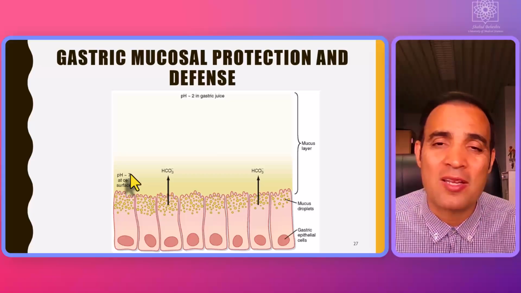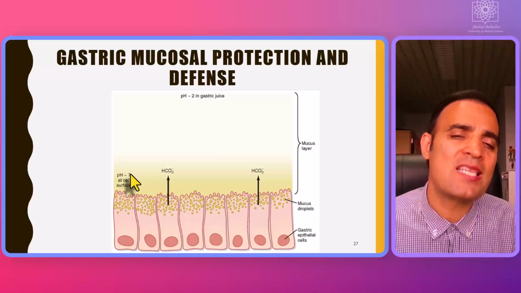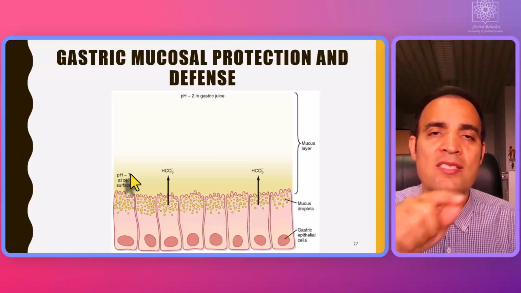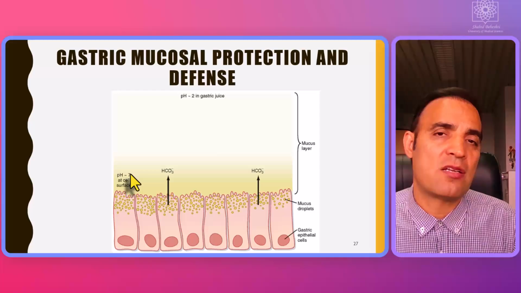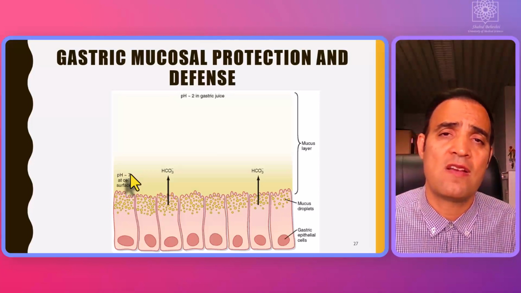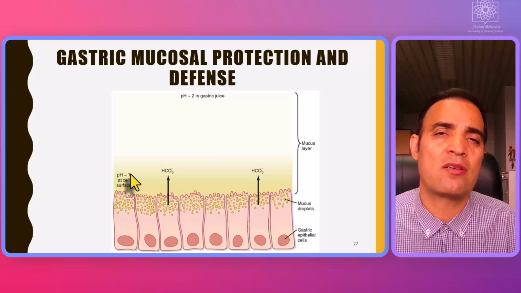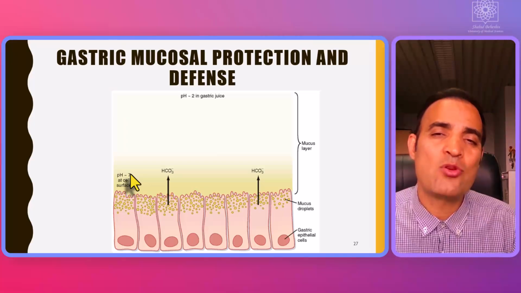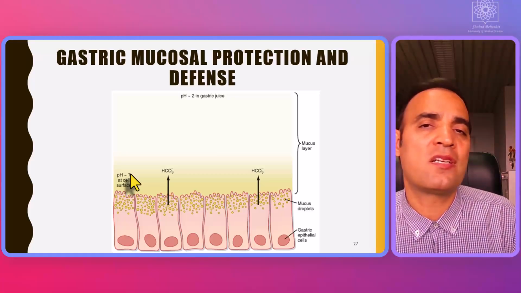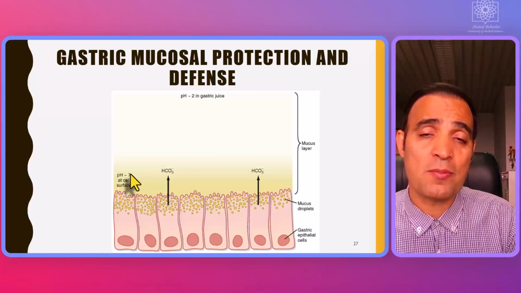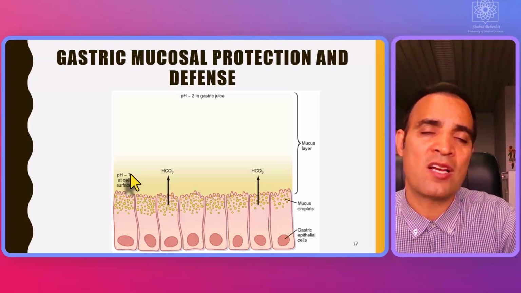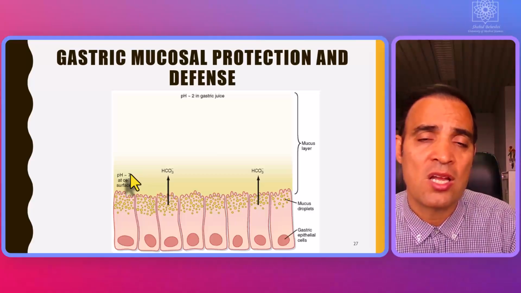Without this layer, the acid would immediately injure the gastric lumen itself and cause ulcers, different types of ulcer. In a very bad situation, it can even cause bleeding. In a normal situation, the health of the gastric lumen depends greatly on the amount of this protective mucous layer that is released into the lumen.